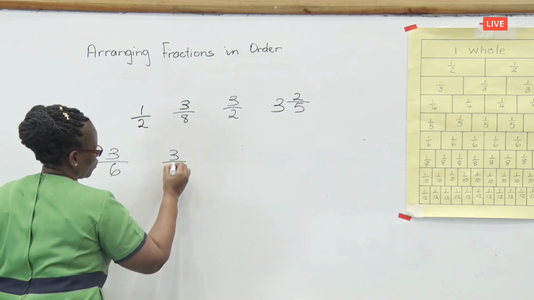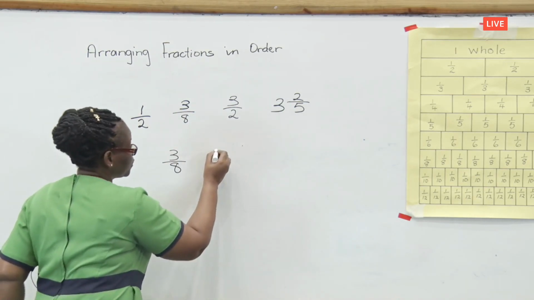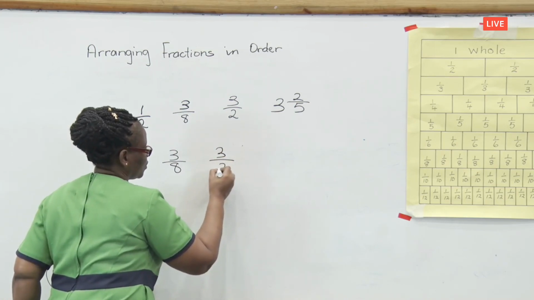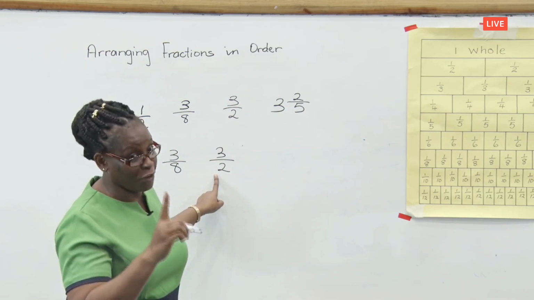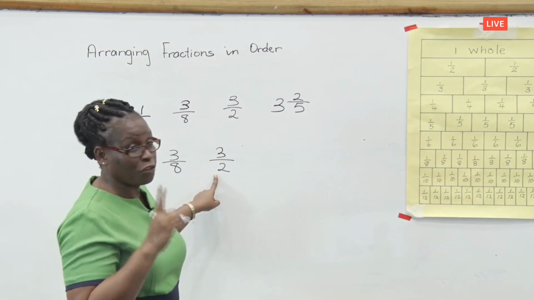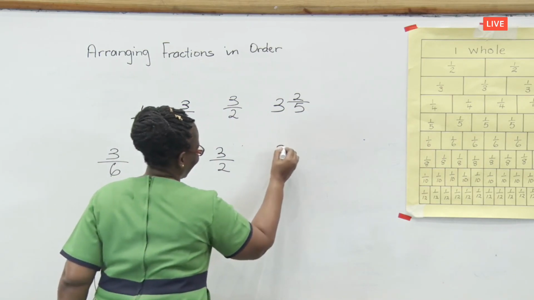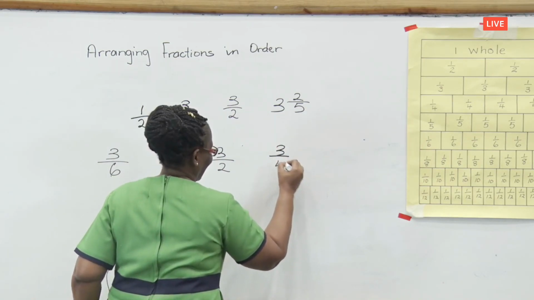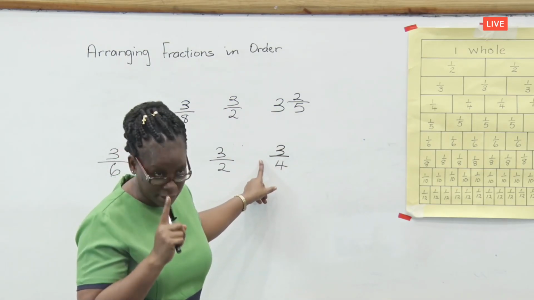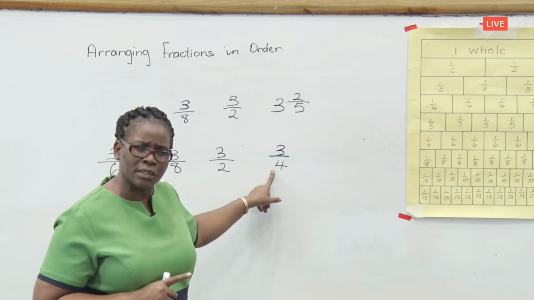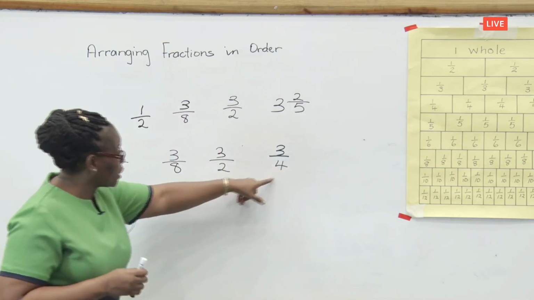Very good. 3/6. 3/8. And 3/2. And this one is 3/4. Why do we call this quarters?